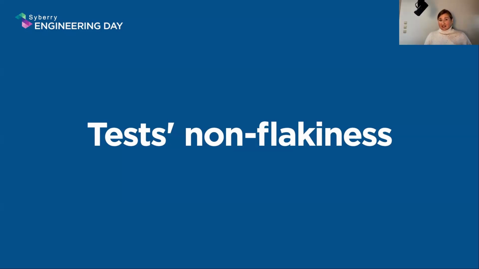This inconsistency can make it really difficult to determine whether a test failure is indicative of a real problem that we have in our software, or just a result of the test being unreliable.